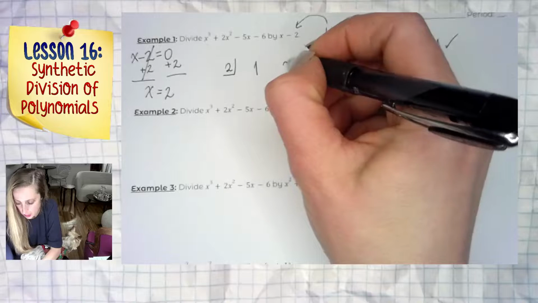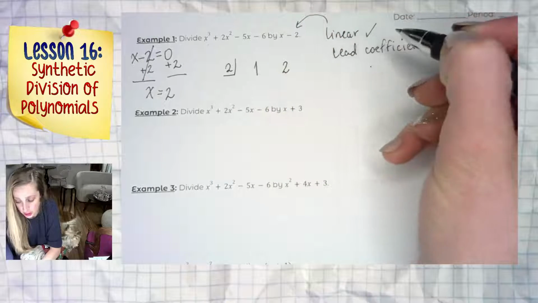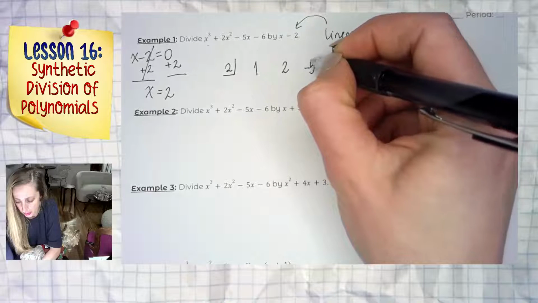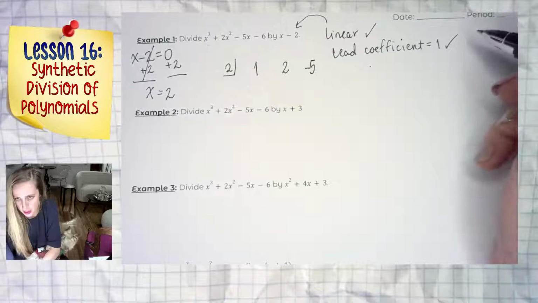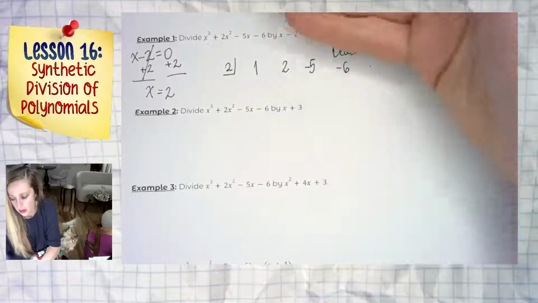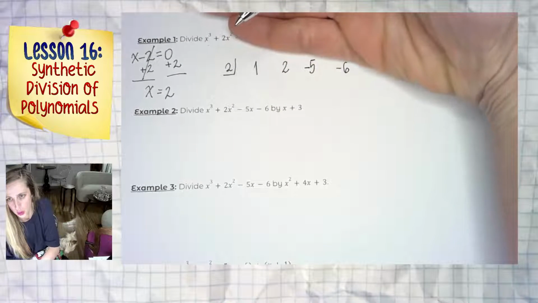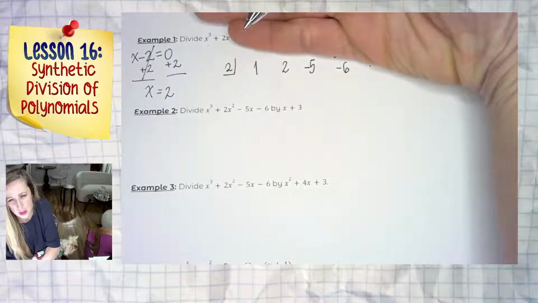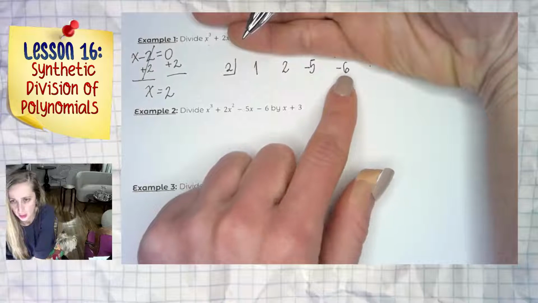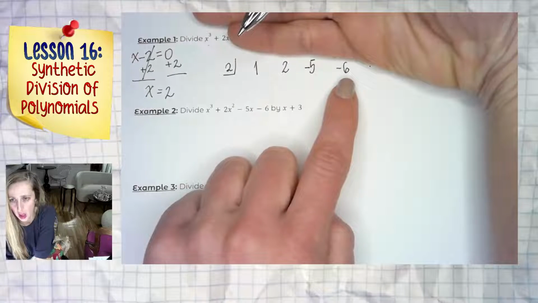1, the next coefficient, is 2. Leave a little room. -5. Obviously, I don't need to write the plus for positives. And -6. Now, even with the problem totally covered up, someone could still figure out what the division was. How so? The last number will always be our constant.